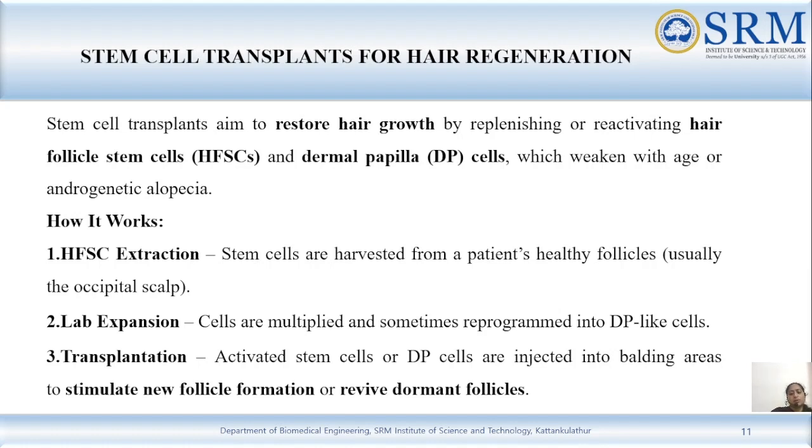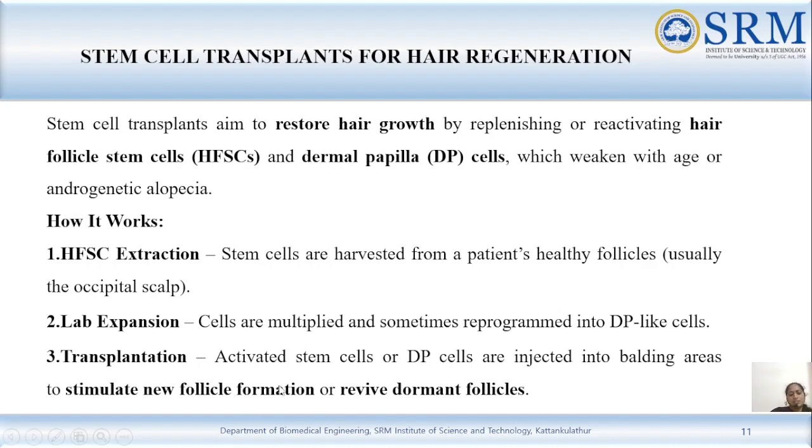When you grow them in a culture medium or under certain incubator conditions, you can expand the population of cells. In certain cases you can also use normal cells and reprogram them to become dermal papillae like cells. You might need to use certain growth factors to reprogram them.